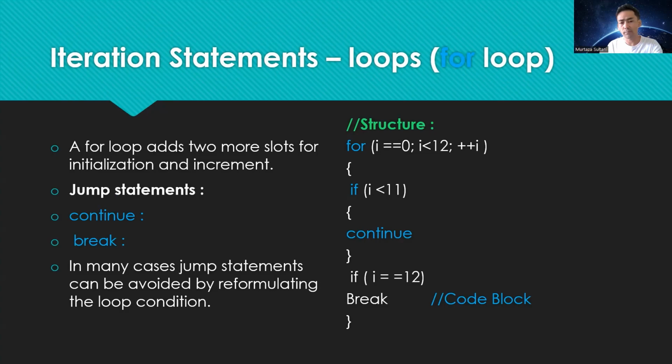We can have a combination of if statements and for statements, and you may also have jump statements, for example continue and break. In many cases, jump statements can be avoided if we have multiple loop conditions or statements.